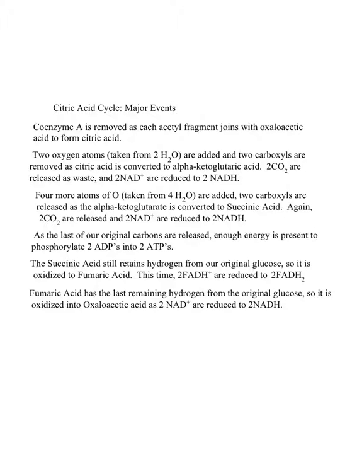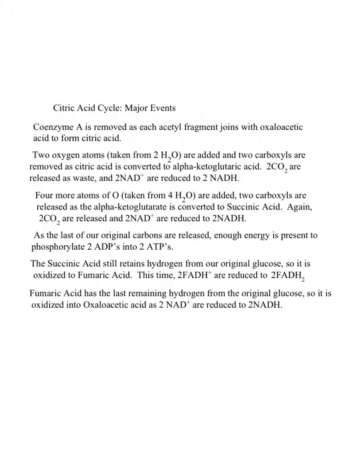It's removed, and that acetyl fragment joins with a 4-carbon acid called oxaloacetic acid. Now, that oxaloacetic acid gets that extra 2-carbon fragment to form a 6-carbon acid called citric acid, hence the name citric acid cycle.